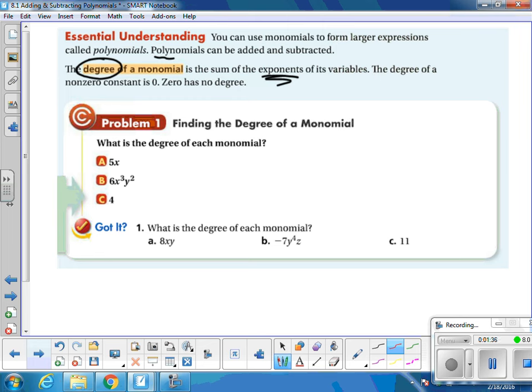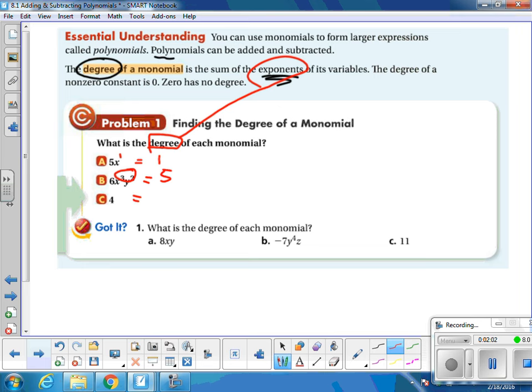In these examples down here, we're looking at the degree of each monomial, and the degree depends on the exponent. For A, I'm looking at the exponent, and it's the first power, so the degree of this one is 1. For B, I have 6x to the third and y to the second, so I look at my exponents, add them together, and the degree is 5.